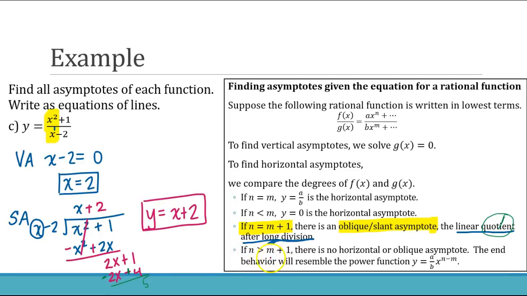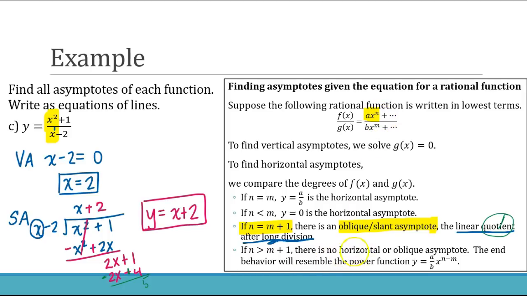And we'll just take a look at the last case. The last case says if n, that's the power on the top, is greater than m plus 1. That means the degree on the top is more than 1 bigger. So if the top was like x to the 4th and the bottom was x squared, it's not bigger by exactly 1, it's bigger by exactly 2.